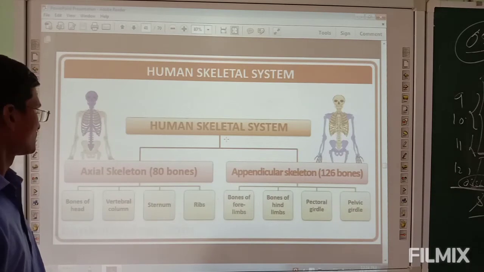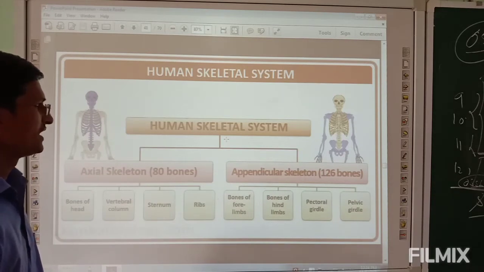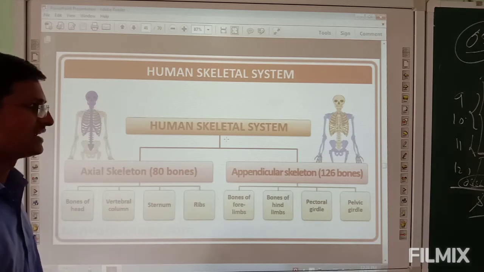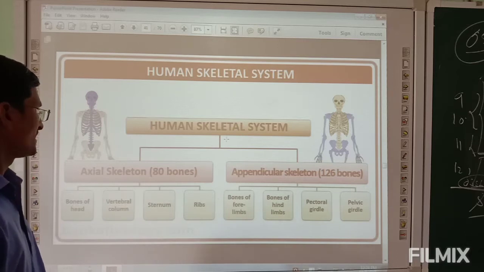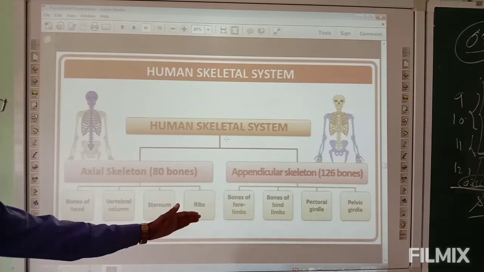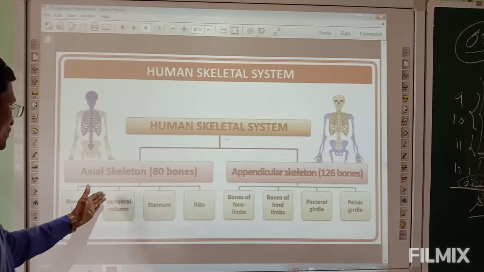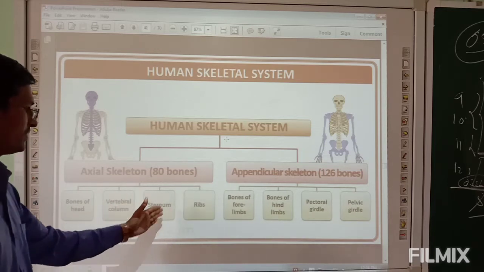In the human skeletal system, the axial skeleton has 80 bones and the appendicular skeleton has 126 bones. The axial skeleton's 80 bones are divided into 4: bones of the head, vertebral column, sternum and ribs.